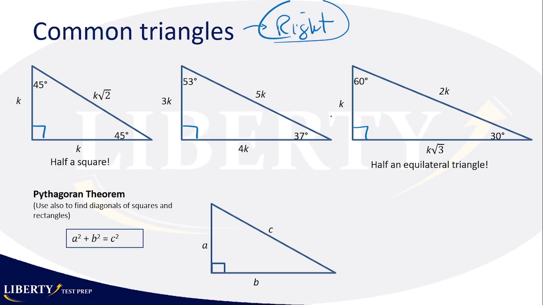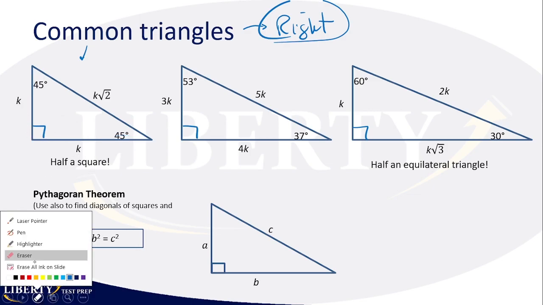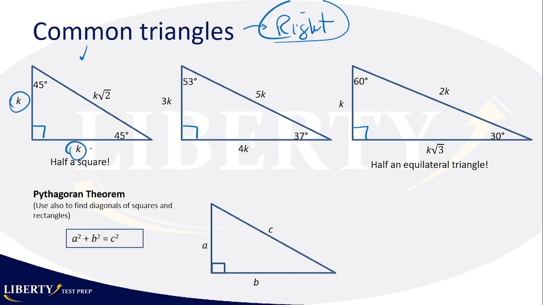For example, the first common triangle says if you have 2 legs, we call these legs, right? You have 2 legs and you have the hypotenuse. Those 2 legs have the same size, so you have K and K. Then the hypotenuse would be the size of K, that constant, times square root of 2.